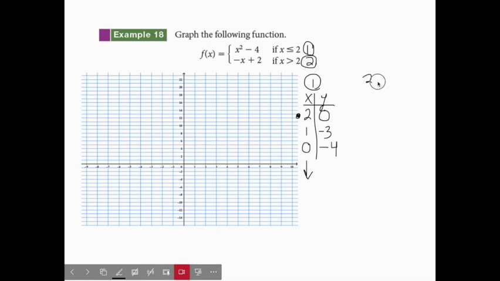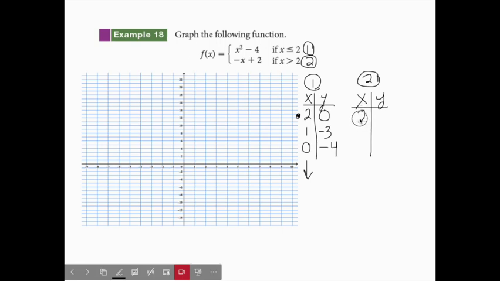Now for the second piece, I'm looking and plugging things in here. This has values of x that are greater than 2. So we're going to plot 3 points, and I'm going to make sure I use my endpoints. This has an endpoint of 2, although it's not included.